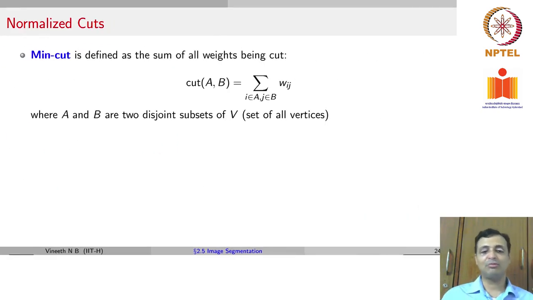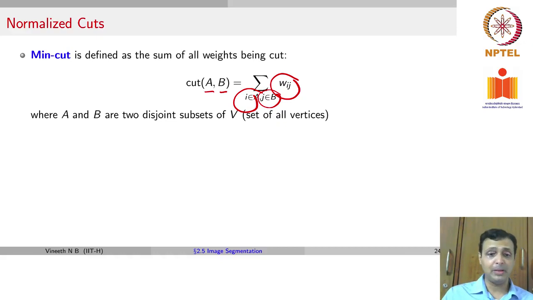The min cut is defined as the sum of all weights being cut. So you consider two sets A and B, two sets of vertices, and for all i belonging to A and j belonging to B, you add up those edge weights. For whichever choice of A and B you get a minimum cut value, that is the cut that you're going to choose to divide the graph into two segments.